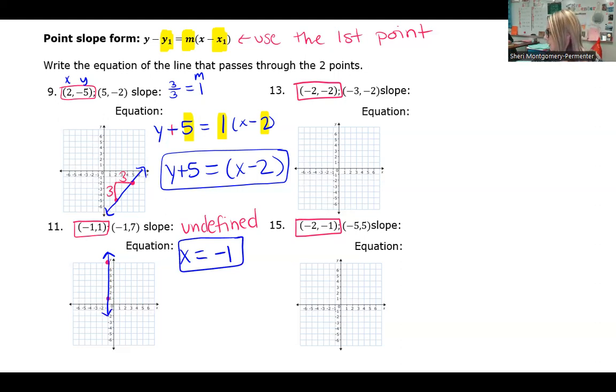So the next problem, we're going to do the same thing. We're going to go plot those points. -2, and then -3, -2. This is a weird line too.